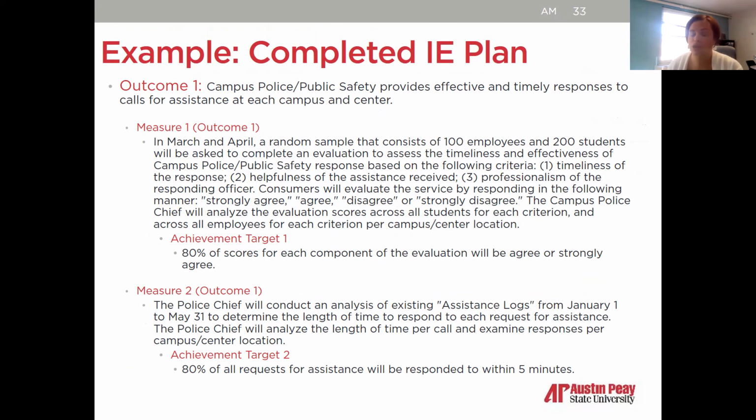Same for the second measure for that same outcome. So this is measure 2 of that same outcome 1 and the target for that. So if you're wondering what this should look like in a narrative form, this is a good example of that. That will give you some of the things that we're asking you to include on that form.